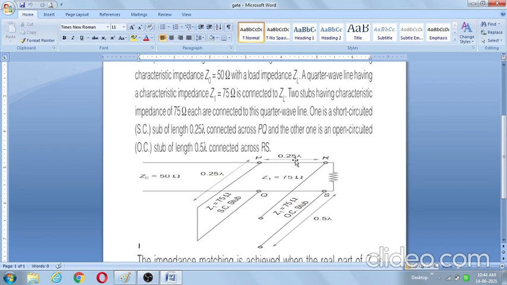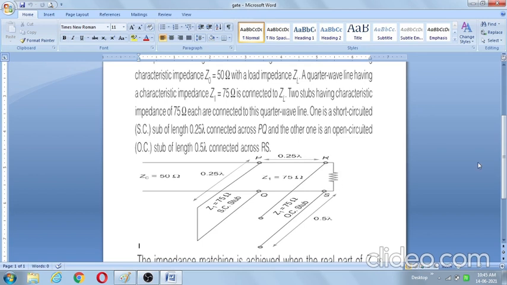Another stub having length 0.5 lambda is an open circuited stub connected between R and S. That means the length of this stub is lambda by 2. A quarter wave line of 0.25 lambda is connected between P and R. This is ZL.